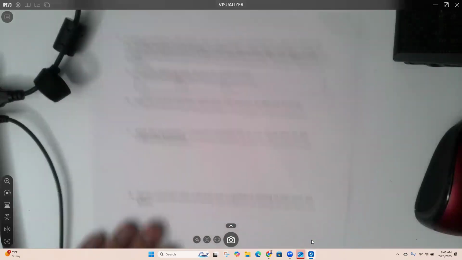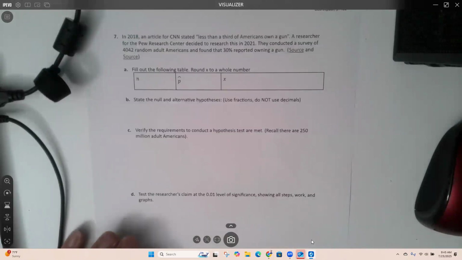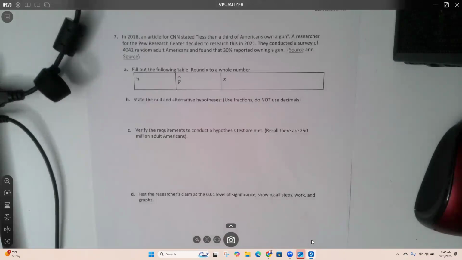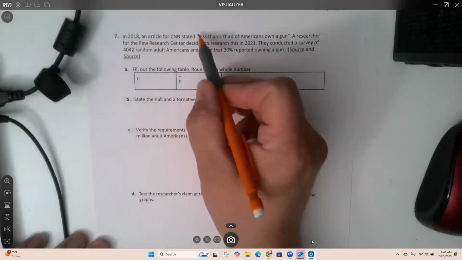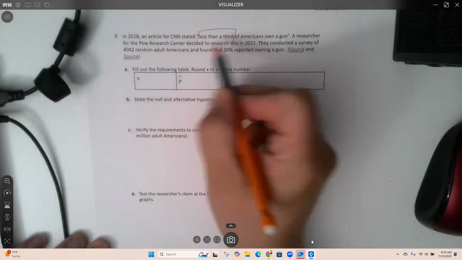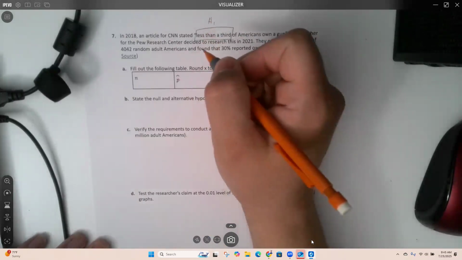All right. Last page for chapter 10 review worksheet is page 492. So the CNN article stated that less than a third. So less than a third, that's our alternative hypothesis.